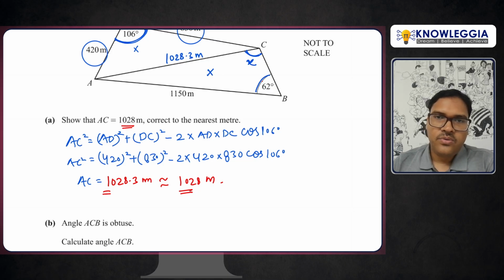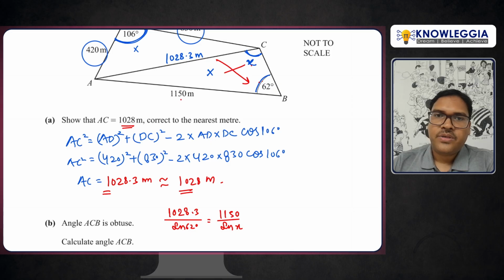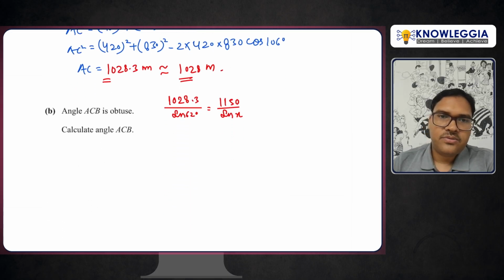So if I apply the sine rule, 1028.3 upon sine 62 degrees is equal to 1150 divided by sine x, each side over the sine of its opposite angle. Now let's solve this equation.